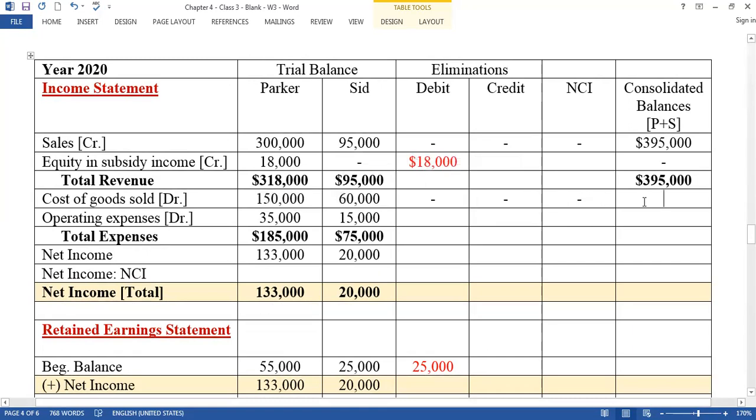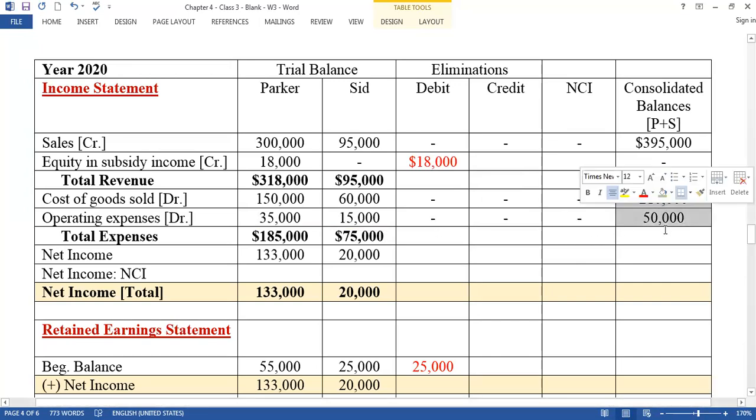So the number is 210,000. Operating expense, these two are debit. We don't have anything here. So debit and debit plus, and it is $50,000.